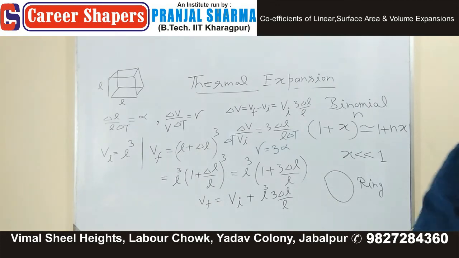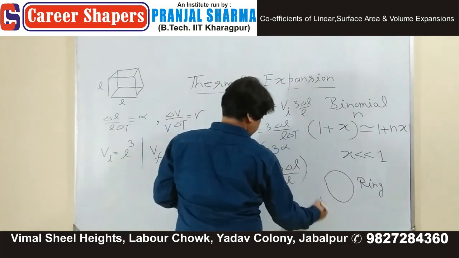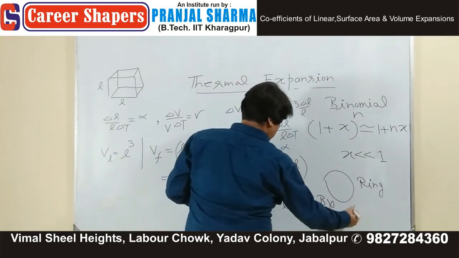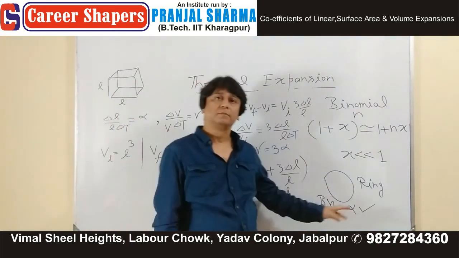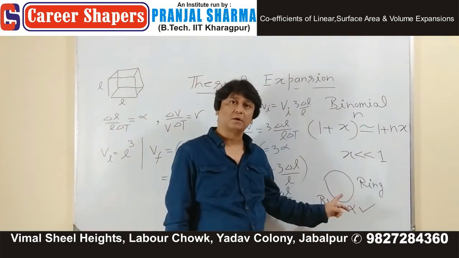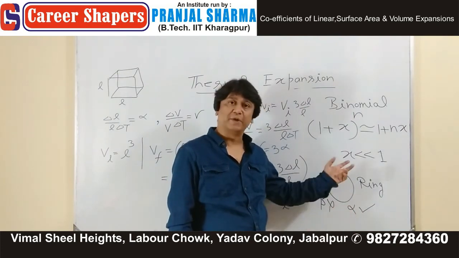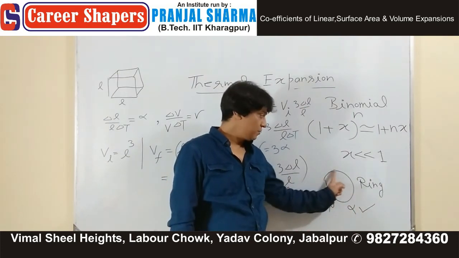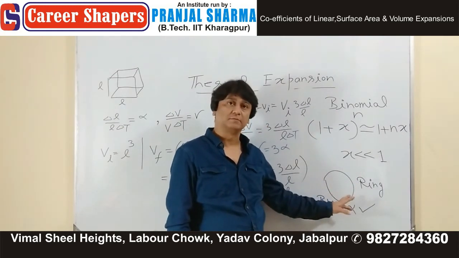Well, that's what I expected from you, that you will say beta. But no, it's not a disc. It's not a disc. It is what? A ring. So if it's a ring and you raise the temperature, then first of all its circumference is going to increase.